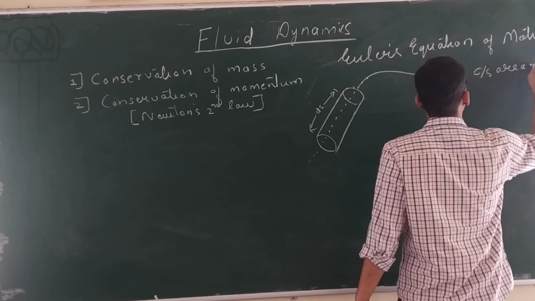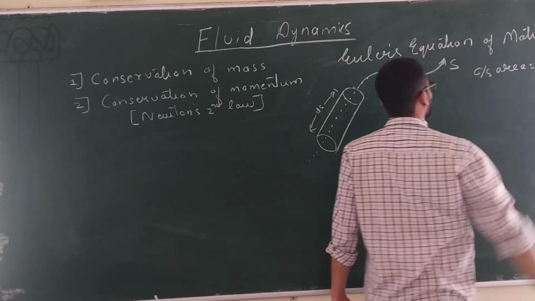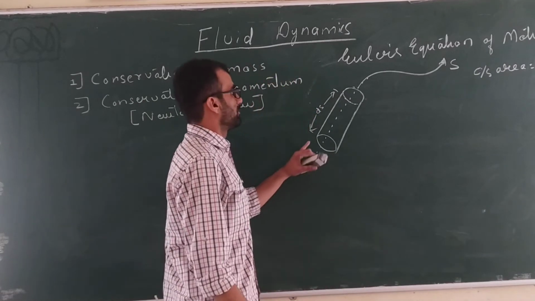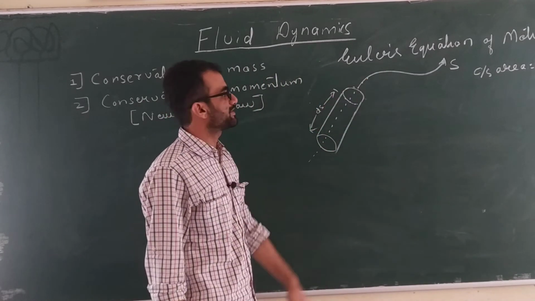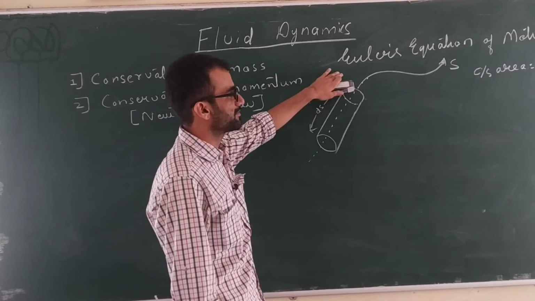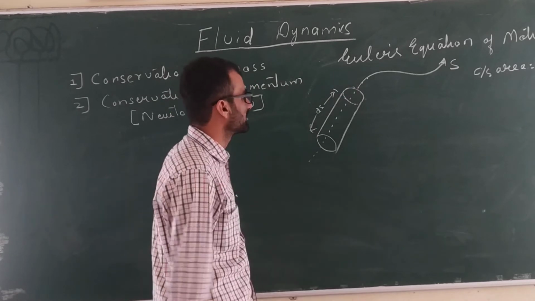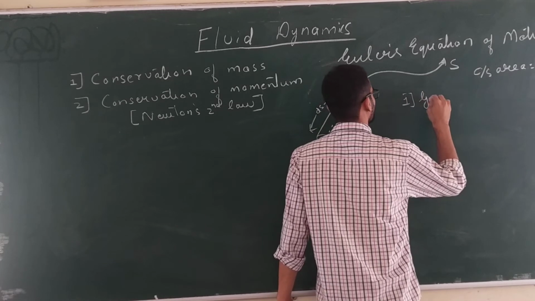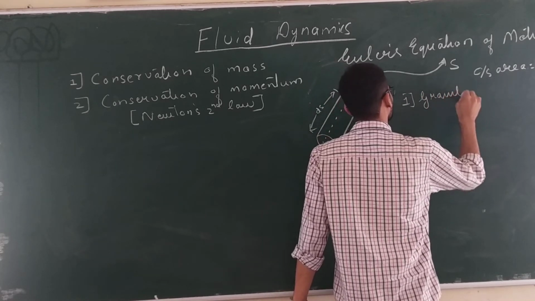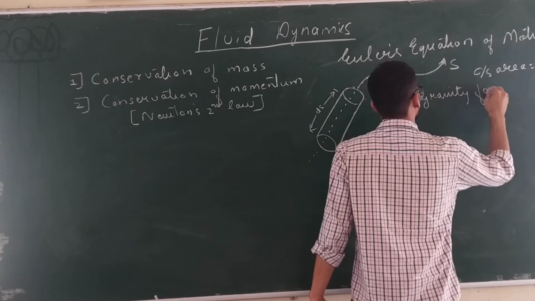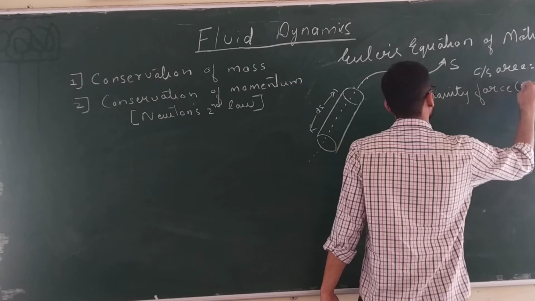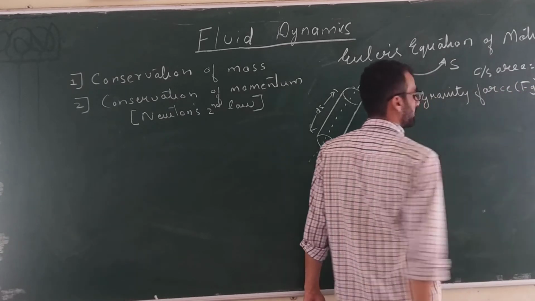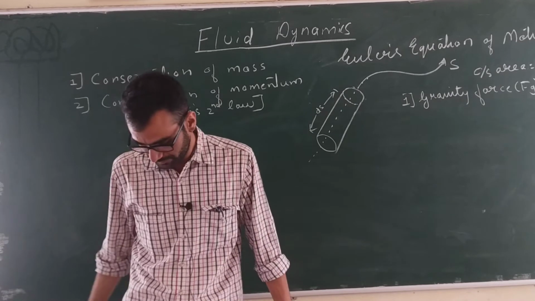For the derivation of Euler's equation of motion, what forces should we consider? First is the gravity force.